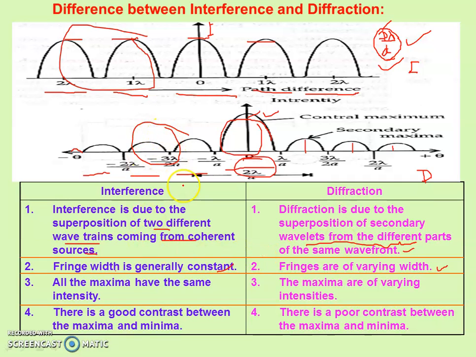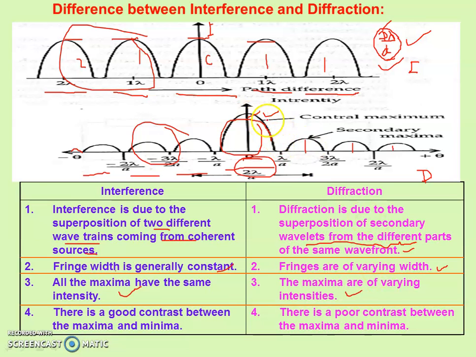Right? Next, in interference, all maxima have the same intensity. All the maxima have the same intensity, whether it is the first maxima or second maxima or central maxima. Okay? Now see the height of these peaks. It means intensity is similar for the interference pattern. Whereas in the diffraction pattern, the maxima are of varying intensity.